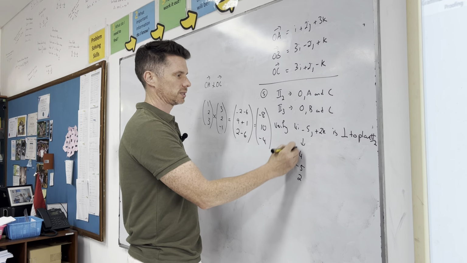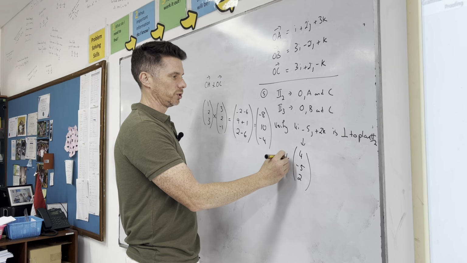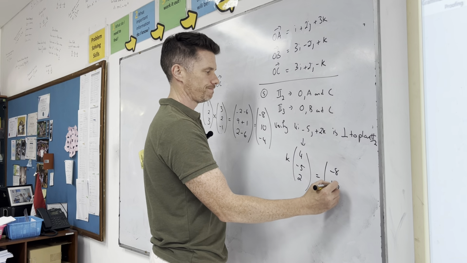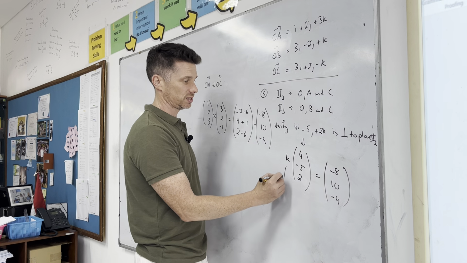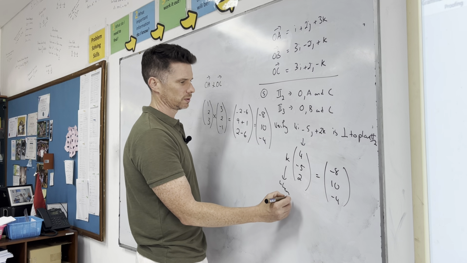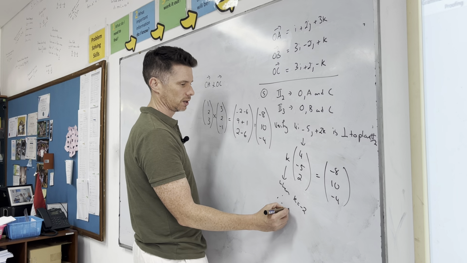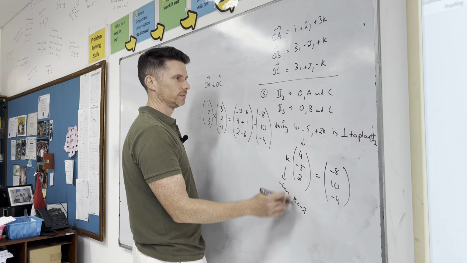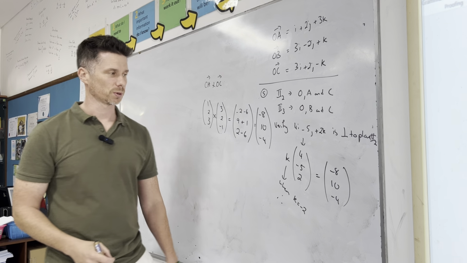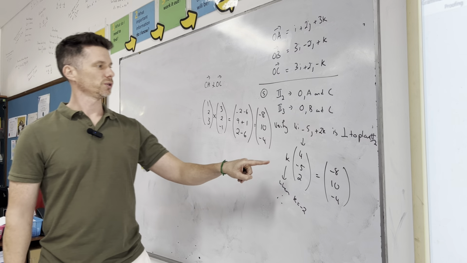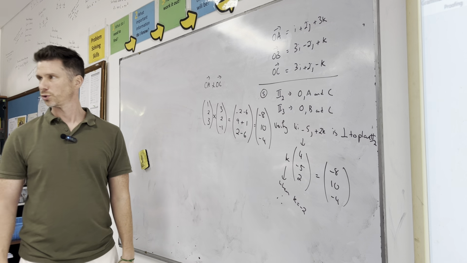So this is a scalar multiple of this when k is negative 2, I think. K is negative 2, yes. Therefore, they are parallel, which means it's perpendicular, because this is perpendicular. Okay, so this normal is perpendicular, so this is perpendicular too. Those two lines are parallel.